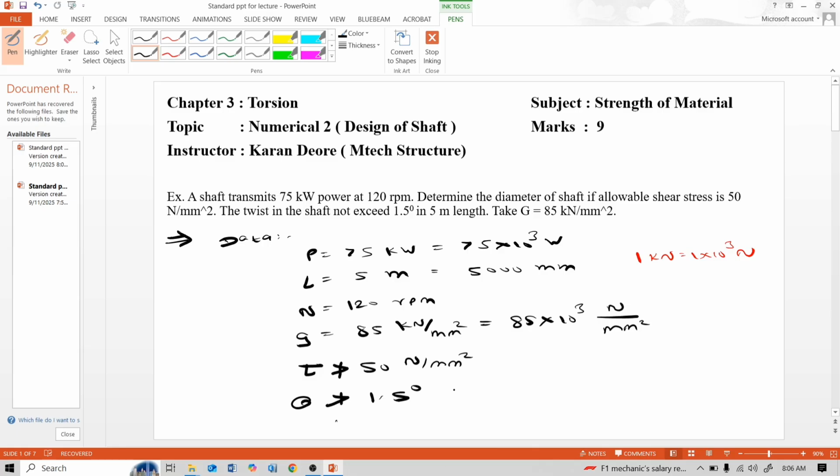Convert this degree into radian: 1.5 multiplied by pi by 180, for conversion of degree to radian. This is 0.0262 radian.